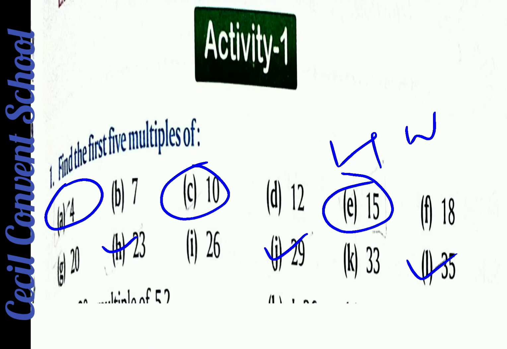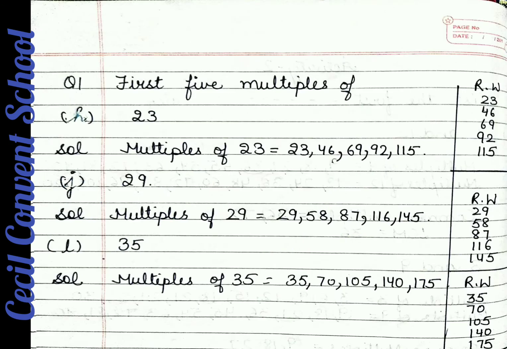Clear, students? So I have to write down the first 5 multiples of 23, means table of 23 till 5. So see, firstly the multiples of 23 are 23. 23 ones are 23. I will write only the answer. 23 twos are 46. Firstly I have written the table here.